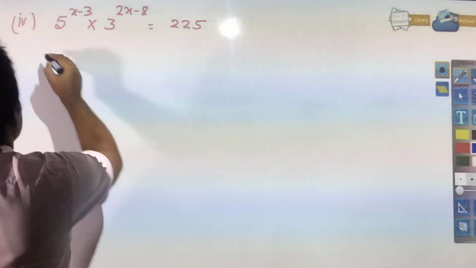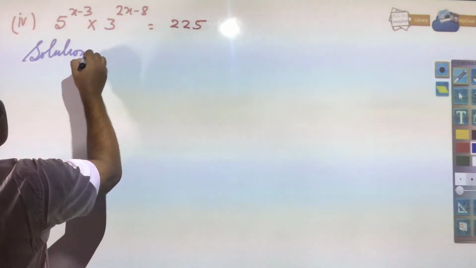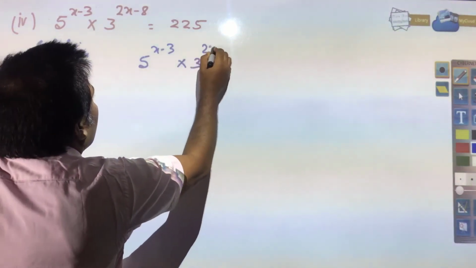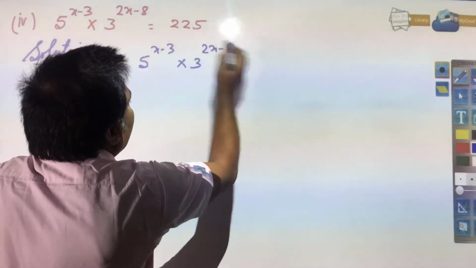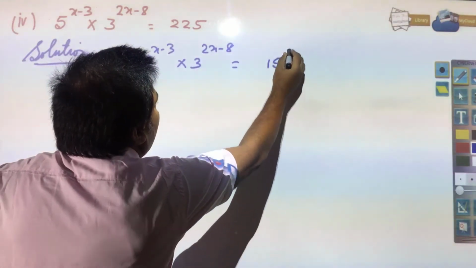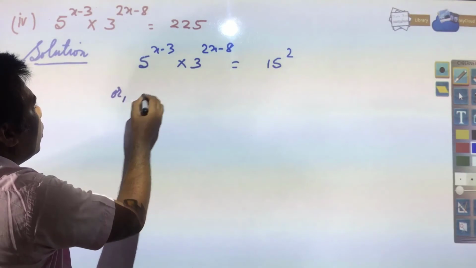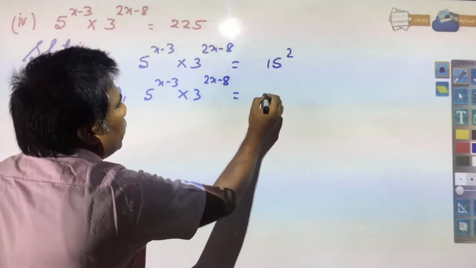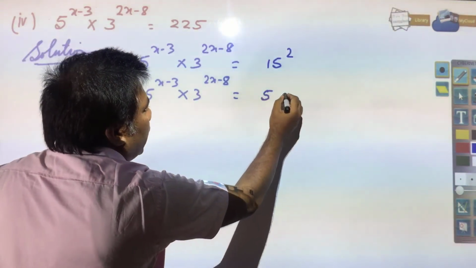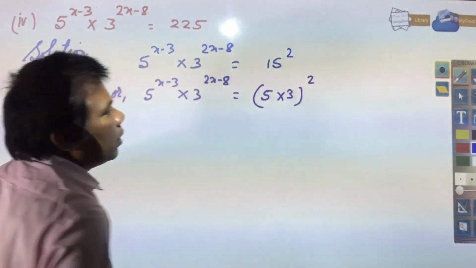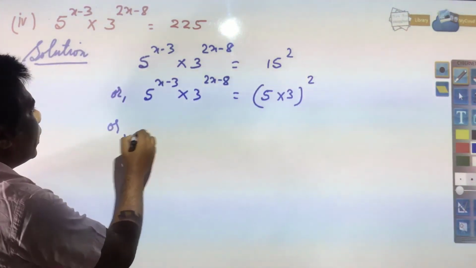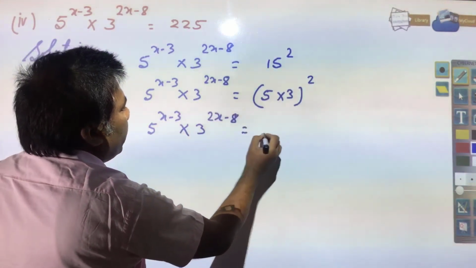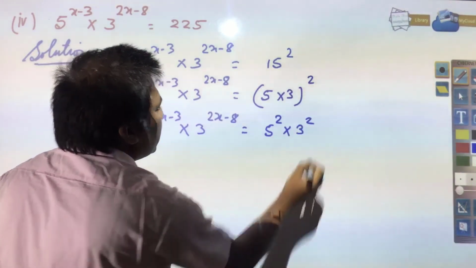How will we solve this question? 5 to the power x minus 3 into 3 to the power 2x minus 8 is equal to, this can be written as 15 square, or 5 into 3 squared, as 5 3s are 15, or we can write 5 to the power x minus 3 into 3 to the power 2x minus 8 will be equal to 5 squared into 3 squared.